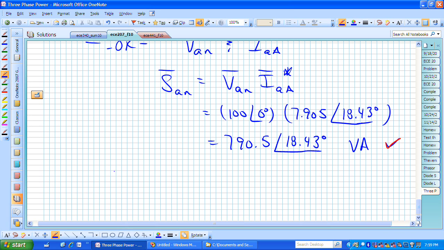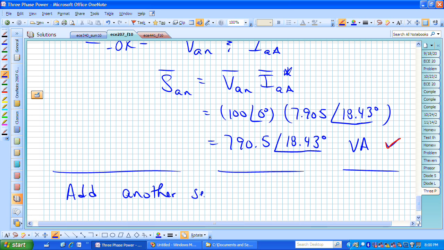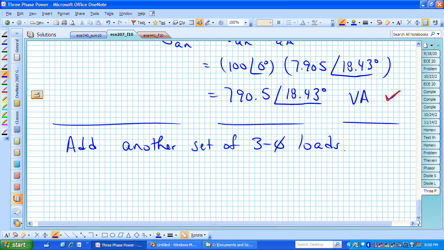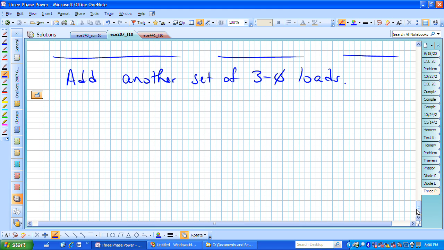Another variation on this problem that somebody could ask is, what about if you add another set of three-phase loads? And now that's not as specific as you need to be in specifying what's happening.